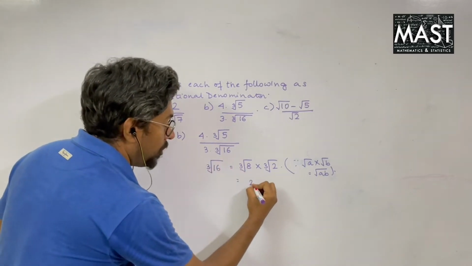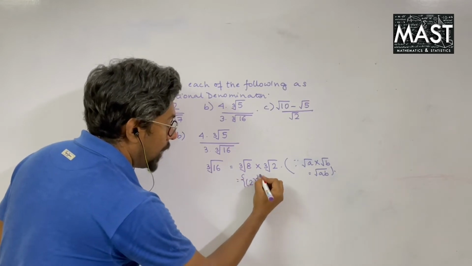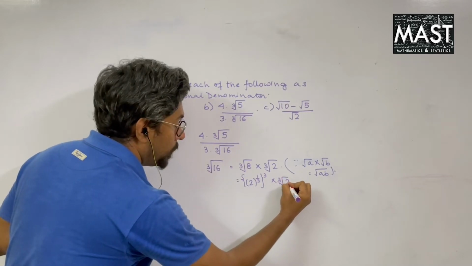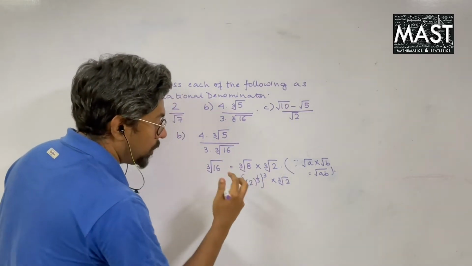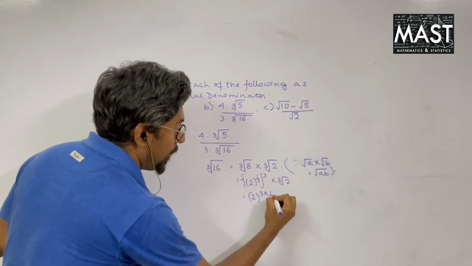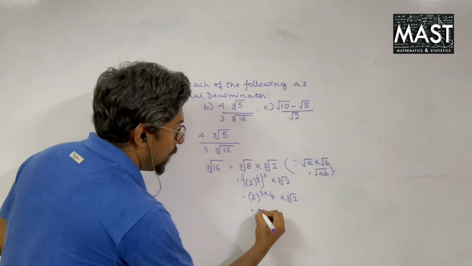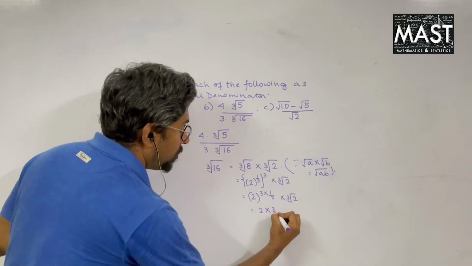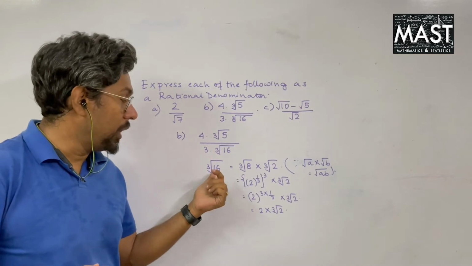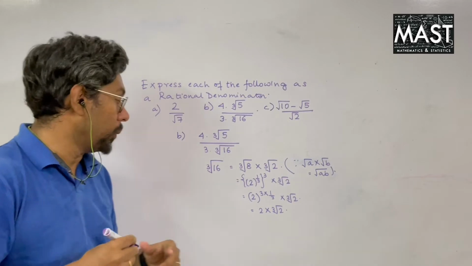Now cube root of 8 can be written as 2 to the power 3 into 1 by 3, times cube root of 2, which is 2 into cube root of 2, which means cube root of 16 simplifies to 2 into cube root of 2.